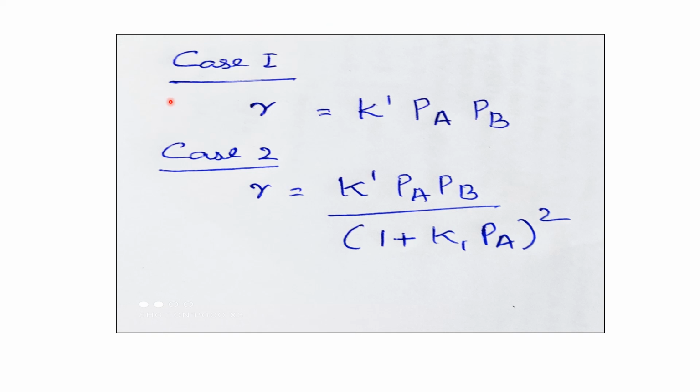Consider the first case, when A and B are both weakly adsorbed. In this case, K1 into PA is found to be very much lesser than 1 and K2 into PB is also lesser than 1, so that equation 13 becomes rate of the reaction R is equal to K dash into PA PB.